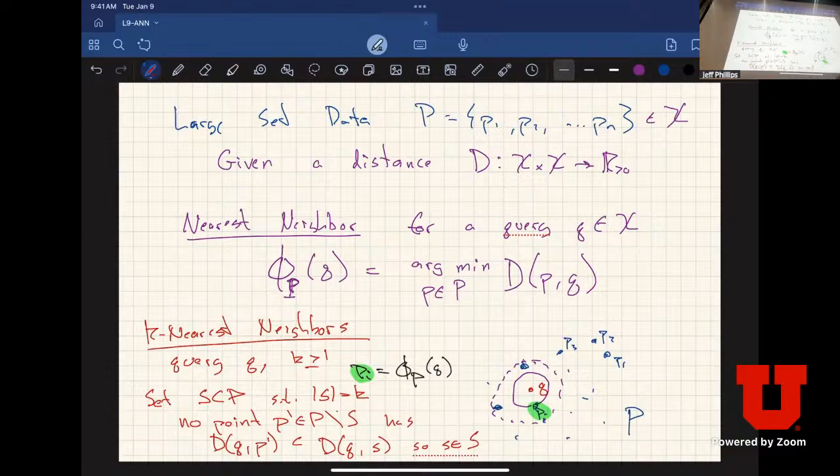So that these are the K closest points. We'll call this phi of set P, K of Q. By default, K is equal to 1, but sometimes I want the K nearest neighbors. Usually, if we have an algorithm that can find the nearest neighbor, it often extends naturally to find the K nearest neighbors as well.